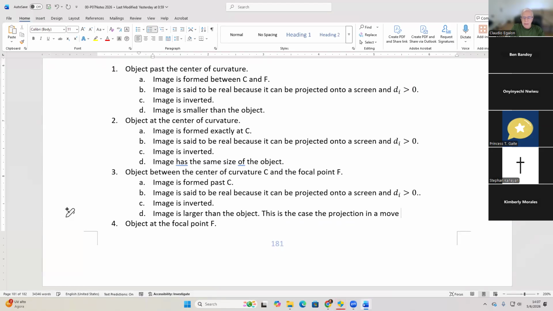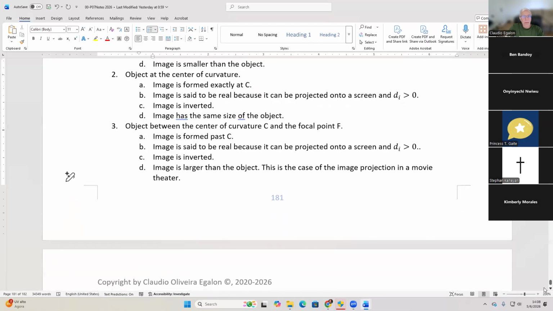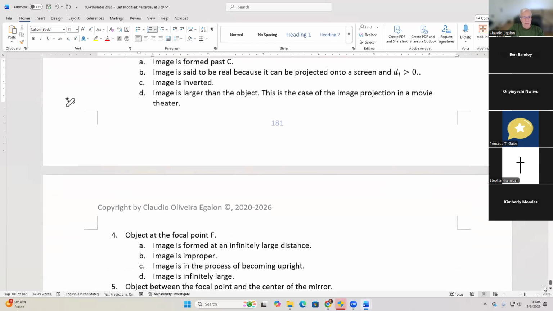In a movie theater, the object, the film of the movie, is between the center of curvature and the focal point of the optical system, and the image ends up being larger than the object.